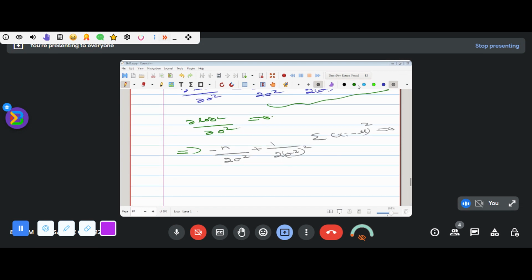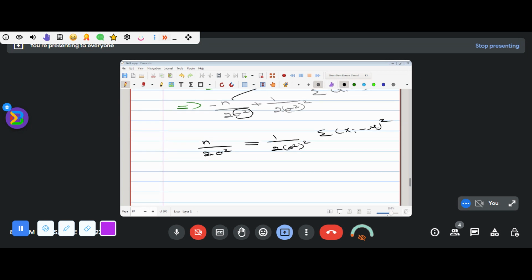Now we want to find the sigma squared value. Our aim is to find the sigma squared value, so move this value to the other side. What is the result here? n divided by 2 sigma square equals 1 by 2 sigma square whole square, summation xi minus mu the whole square.